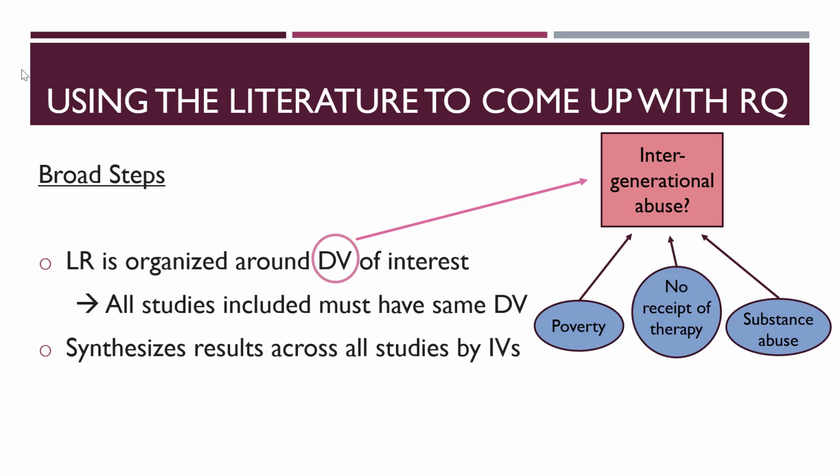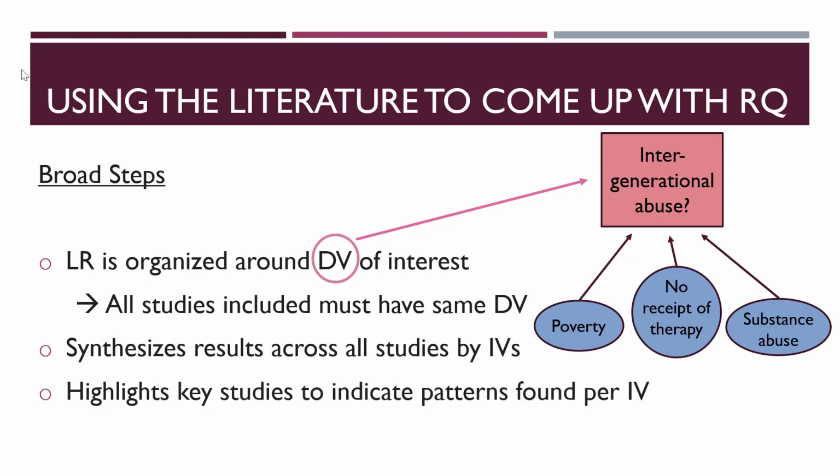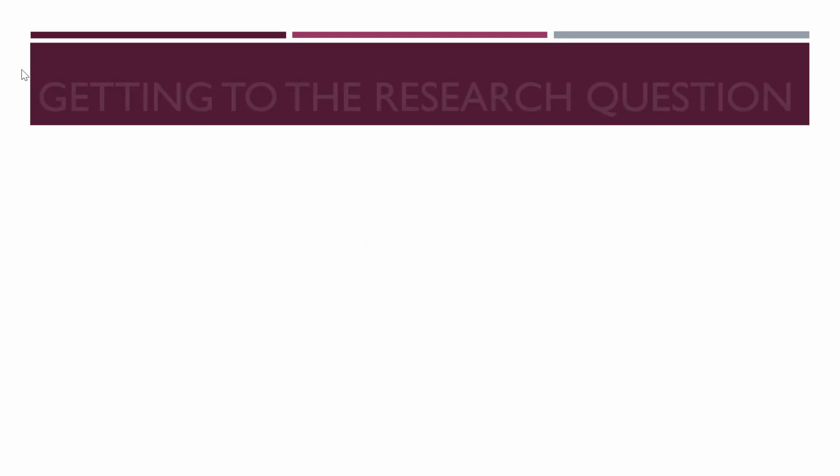So the literature review focuses on synthesizing and finding patterns across all these independent variables to see which ones are the significant predictors of the outcome of interest, intergenerational abuse. And then we highlight key studies to indicate patterns found per individual independent variables. This part we'll talk a little bit more about in the second video in terms of the mechanics of how to do the literature review.